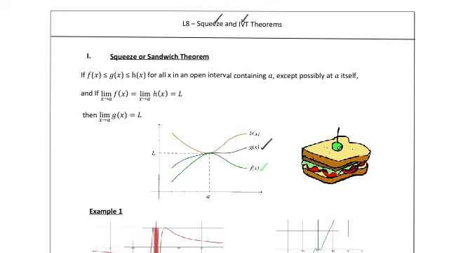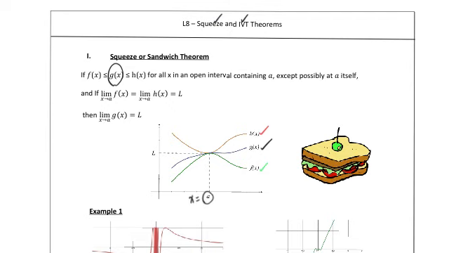And as you can see in the picture, the g function is trapped in between the f function and the h function. So in other words, the y values of g are always, not always, but let's say for an interval, here's the x value that we're interested in, x is equal to a.